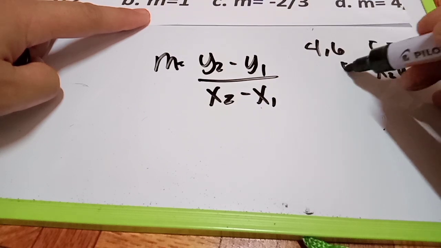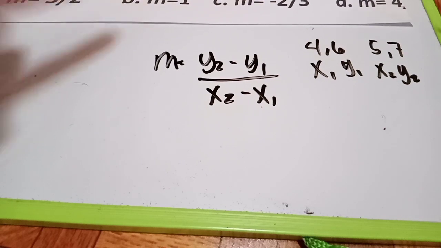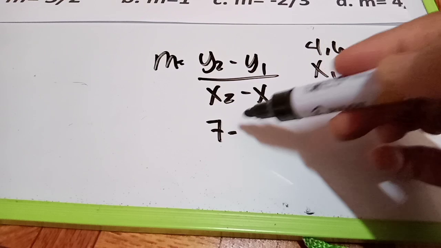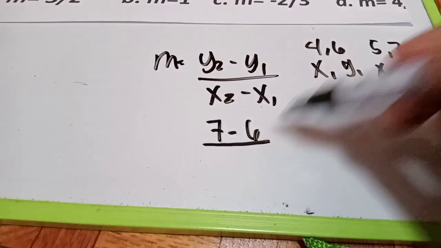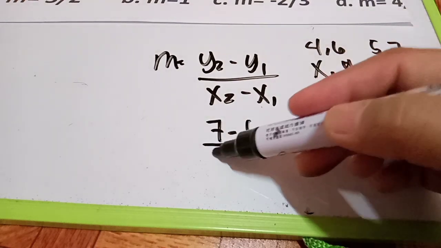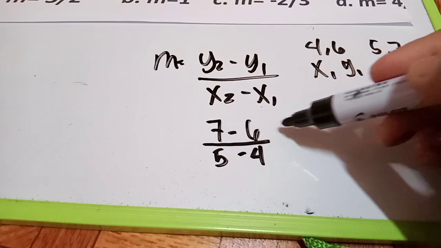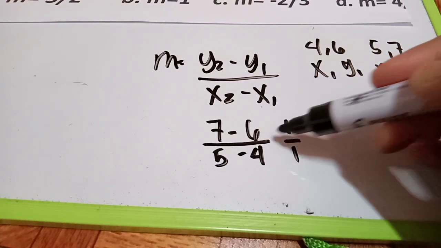And then y1, and then x1. So, we just substitute 7 minus 6, and then we have 5 minus 4. So, 7 minus 6 is 1. 5 minus 4 is also 1.